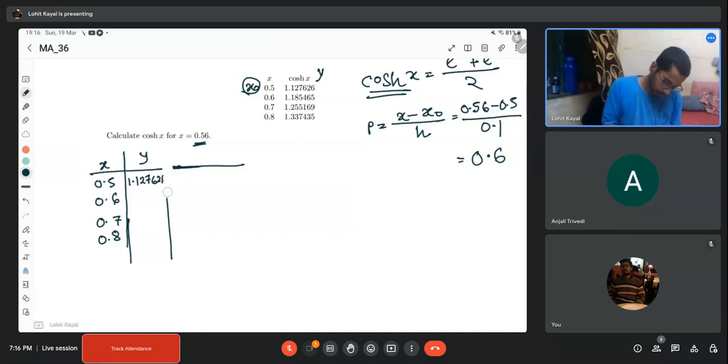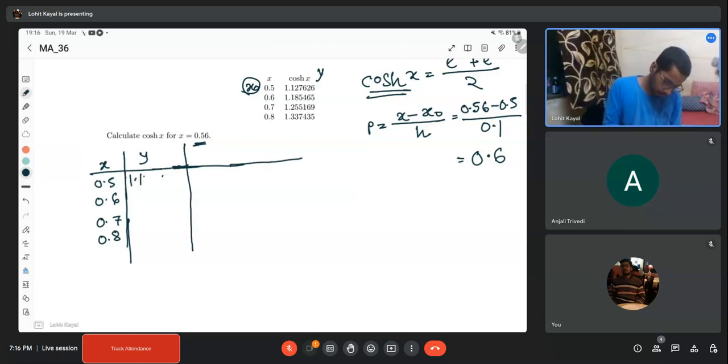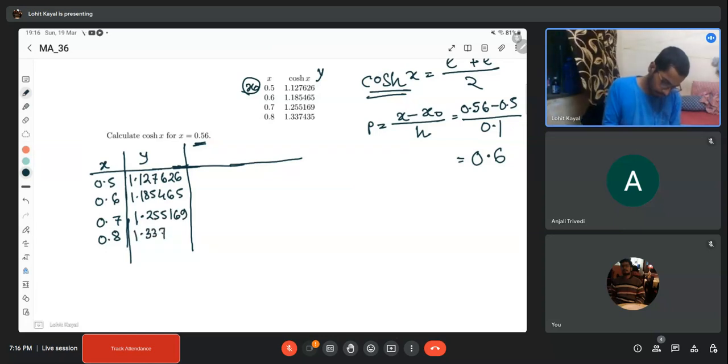I need to modify the table because I need a larger space now. 1.127626. 1.185465. 1.255169. 1.337435.